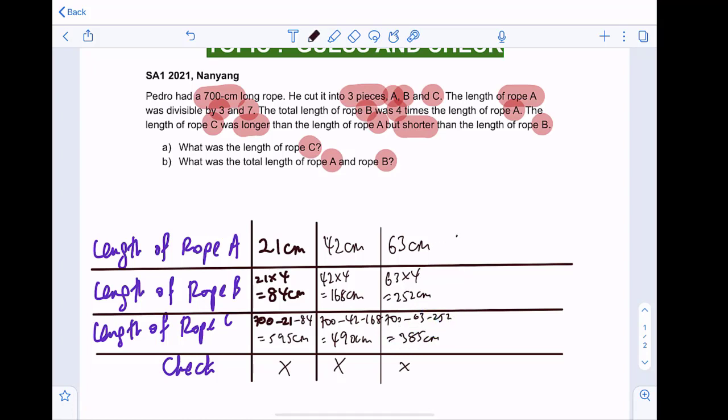Okay, now we try another one. Add 21, so you will have 84 cm for A. 84 times 4, 336.